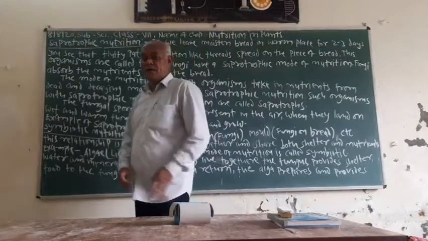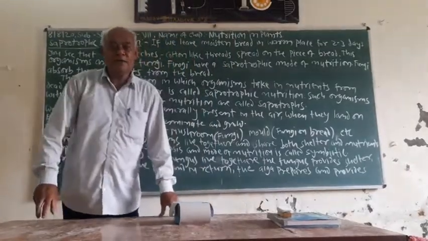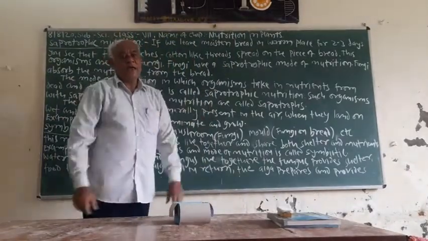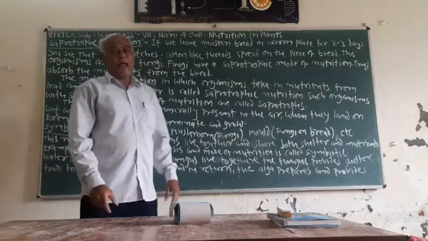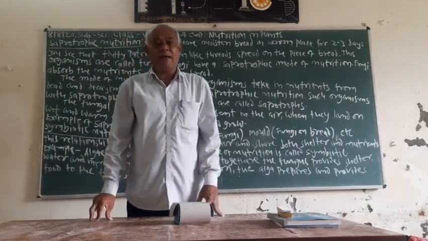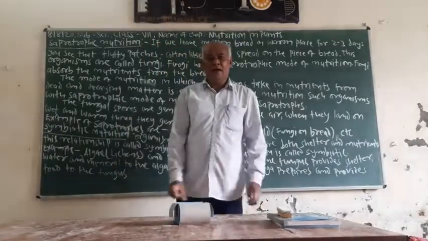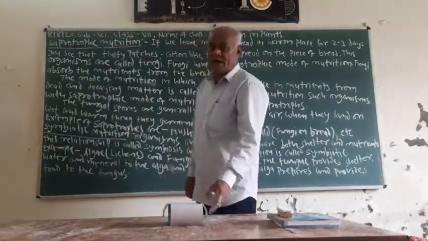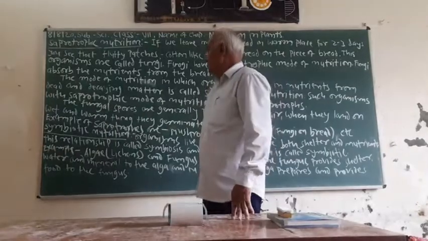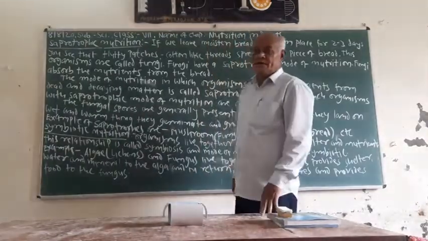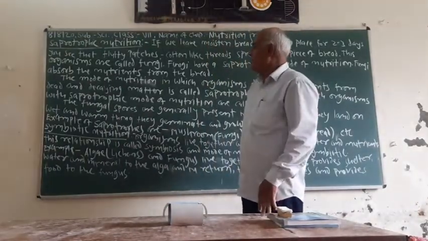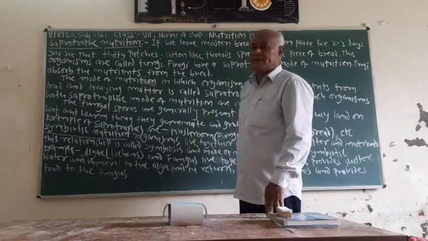In saprotrophic nutrition, some organisms take their food from dead and decaying matter. The matter which is dead or decaying is the host for saprotrophs.